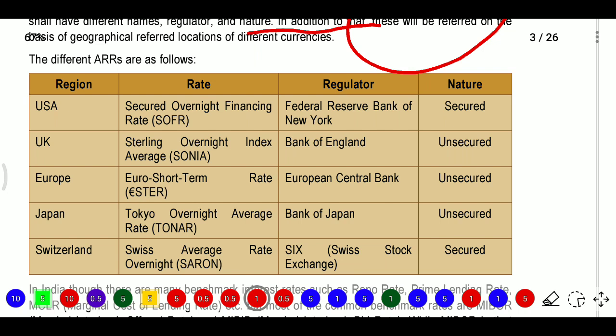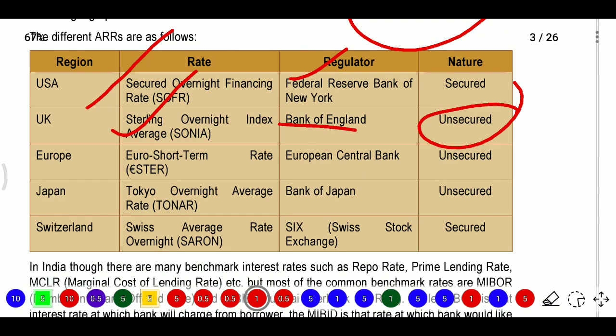In the USA they use the SOFR rate, the Secured Overnight Financing Rate, regulated by the Federal Reserve Bank of New York, and it is secured in nature. After that, in the UK we have SONIA, the Sterling Overnight Index Average rate, regulated by the Bank of England, which is unsecured. Then the Euro short-term rate, from the European Central Bank, which is unsecured.